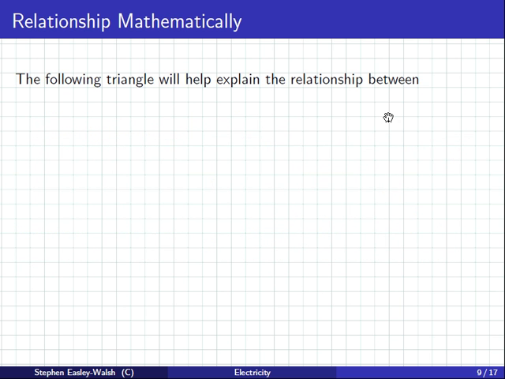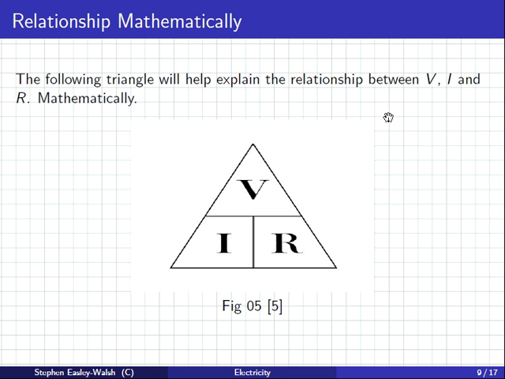Okay. There is a formula for V, I, and R, and it's a lot like distance, speed, and time. You've got one of these triangles again. If I want to know V, how do I calculate that? Yeah, I times R. How do I calculate I? V over R. And how do I calculate R?